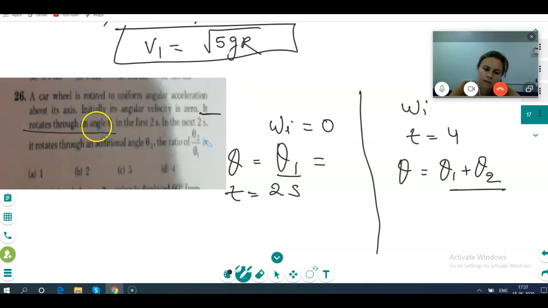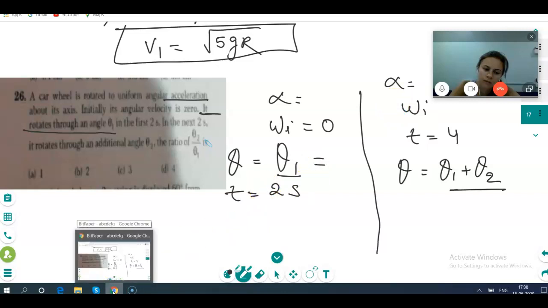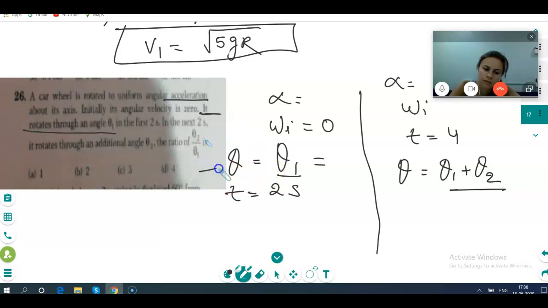So let us say alpha is not given here, correct? Angular acceleration is not given, but angular acceleration is the same in both cases, so I have written alpha. So we need to find theta 2 over theta 1. First we will find the equation for theta 1. Please tell me what equation should I use?